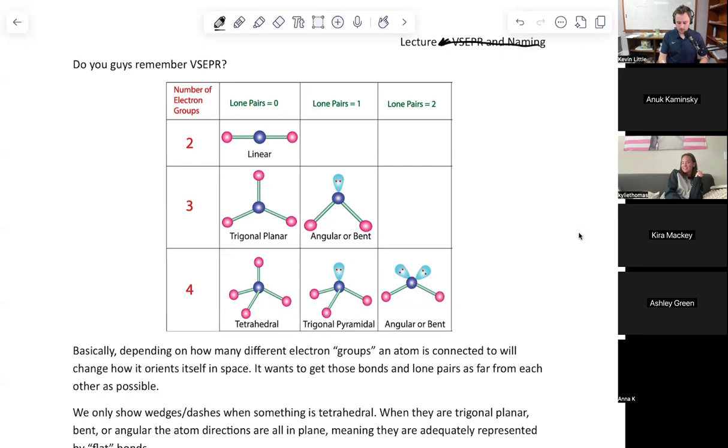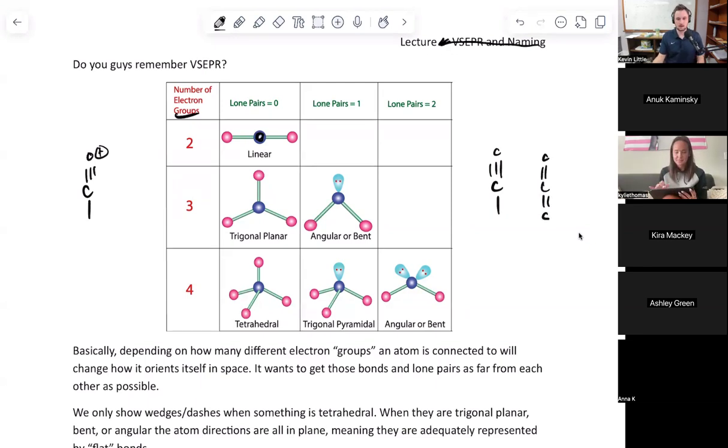So, when an atom is bound to just two different things or has two electron groups, this can be anything like a carbon triple bound to something, or a carbon triple bound to another carbon and something, or even sometimes a carbon double bound to two different things.